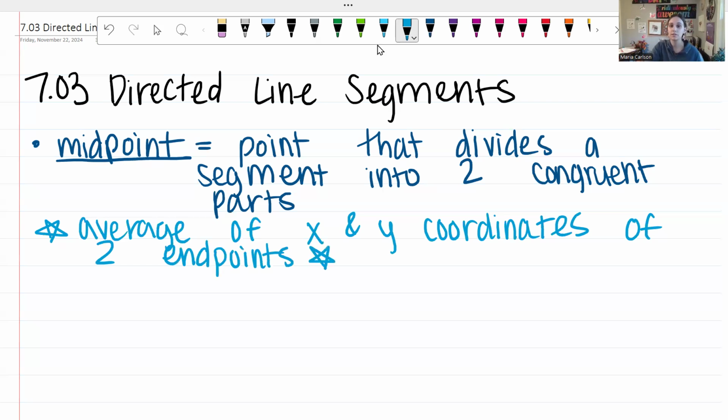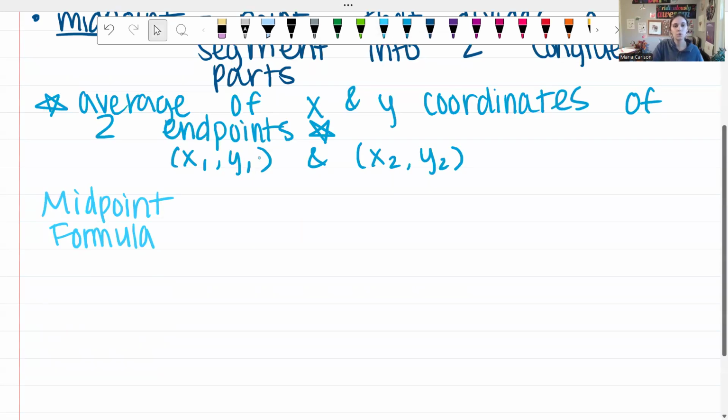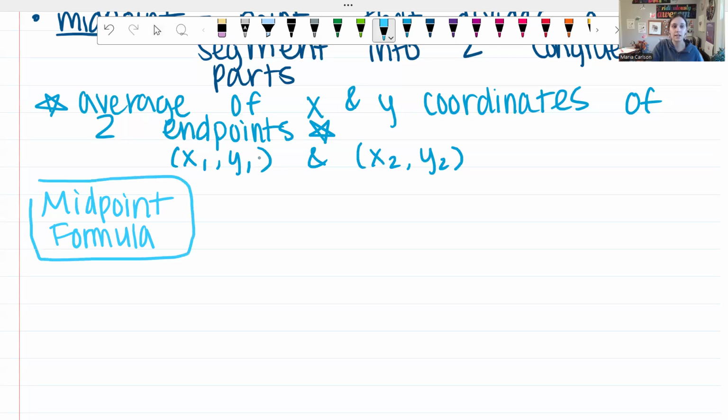So if we're working with an x1, y1, and an x2, y2 as our two endpoints, the midpoint can be found by the midpoint formula. We introduced the midpoint formula in Algebra 1. And again, it's really just the average of your x and y coordinates.